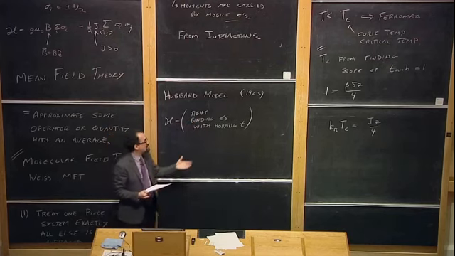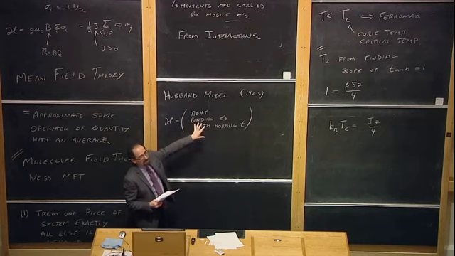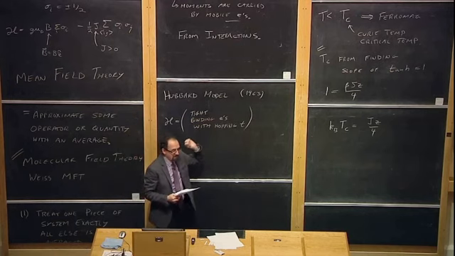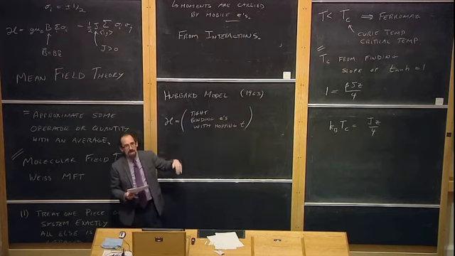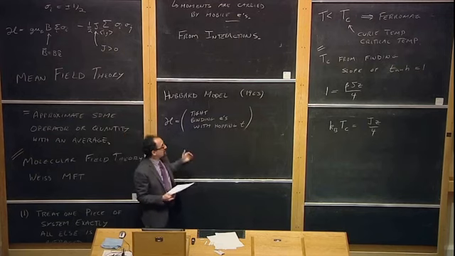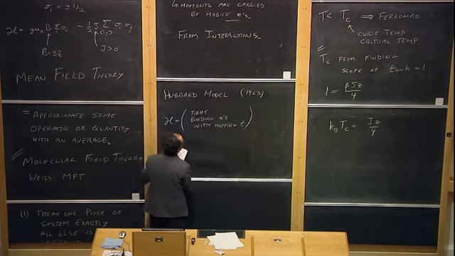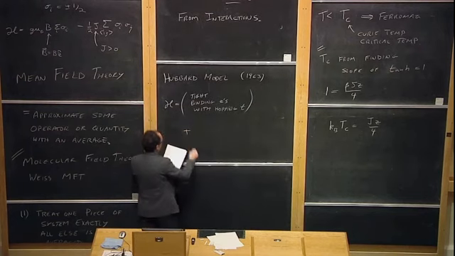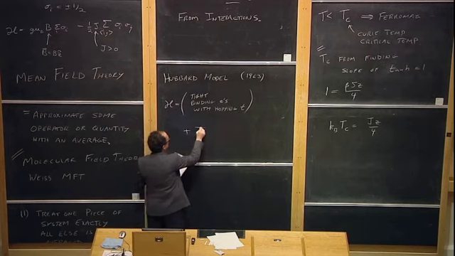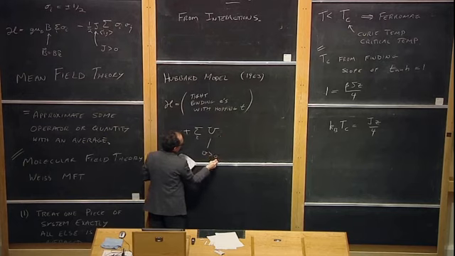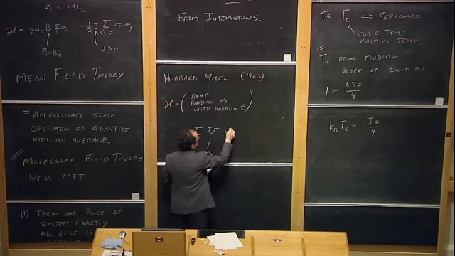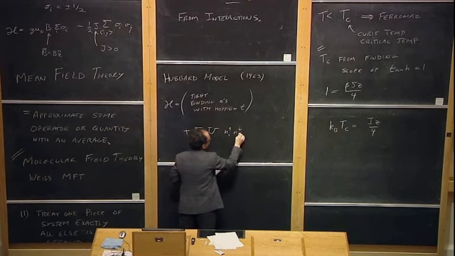You would never get a situation, if you only have this tight binding structure, where you would ever have a different number of up moments from down moments. They would always come out even. So we have to add something to it, which is going to change the story. And what we're adding to it is the interaction term. Sum over all sites i, parameter U is greater than 0, times the number of electrons on site i with spin up, times the number of electrons on site i with spin down.